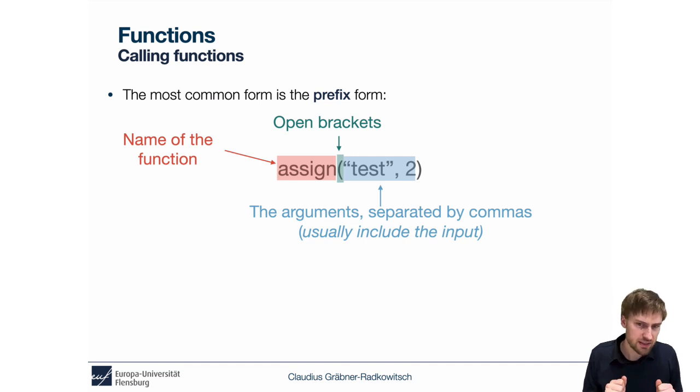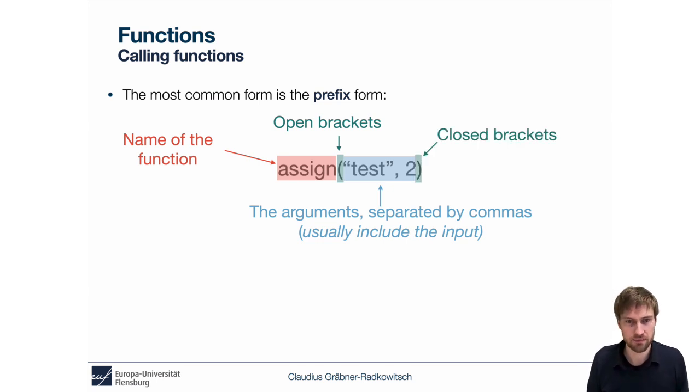These usually include the input to the function routine and some other stuff we're talking about later on. In any case, once we've passed all the arguments to the function, we need to close the brackets again. And this in all is a proper prefix form function call that actually calls the function assign and lets it implement its routine by assigning the name test to the object 2.